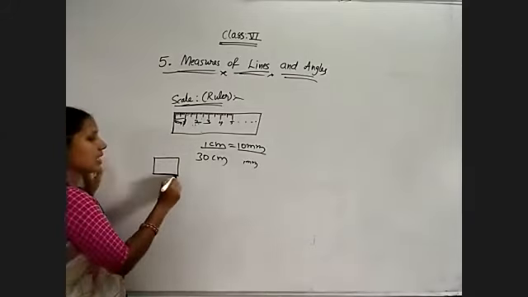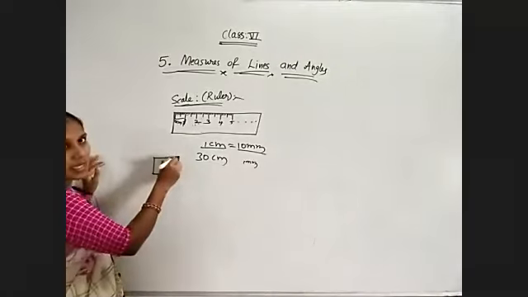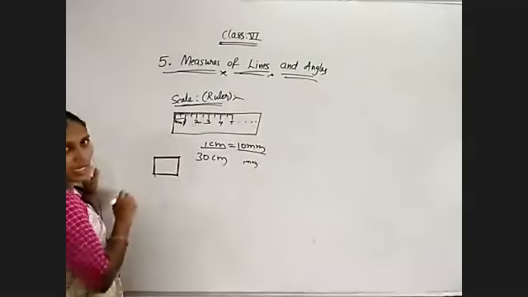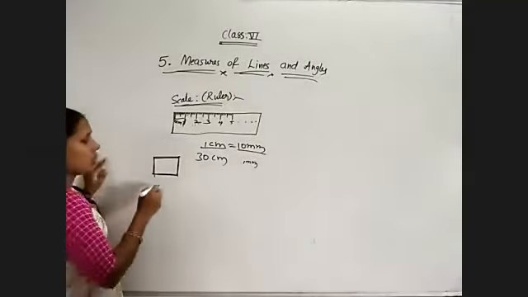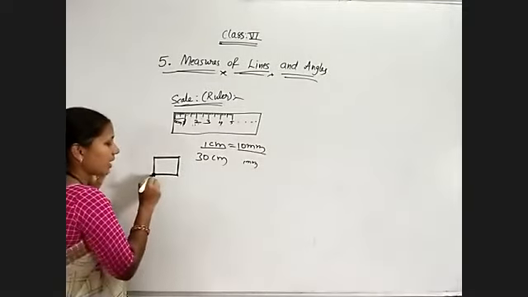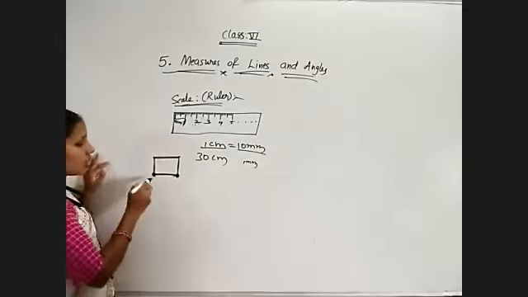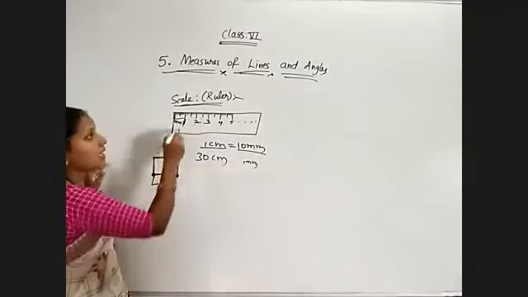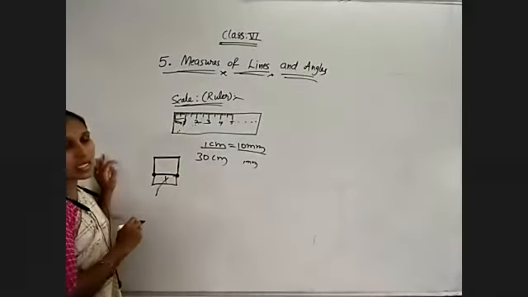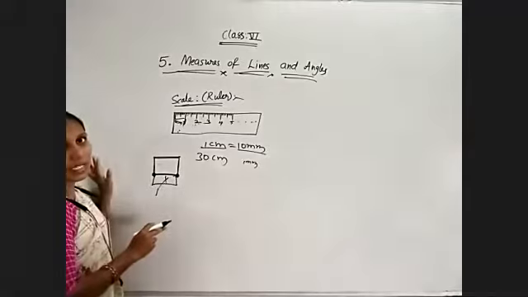Now measure the length of the eraser and the breadth of the eraser. See, it looks like a rectangle. If we find from here to here how much length there is, that length can be measured by a scale or ruler. This is the basic geometrical instrument.